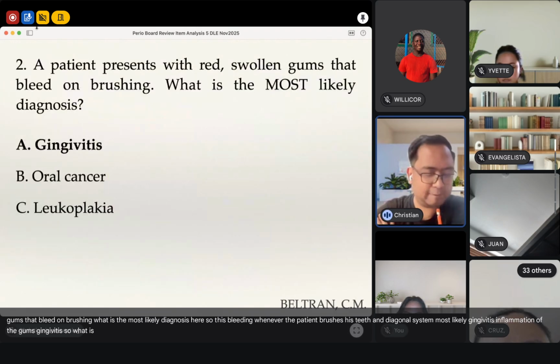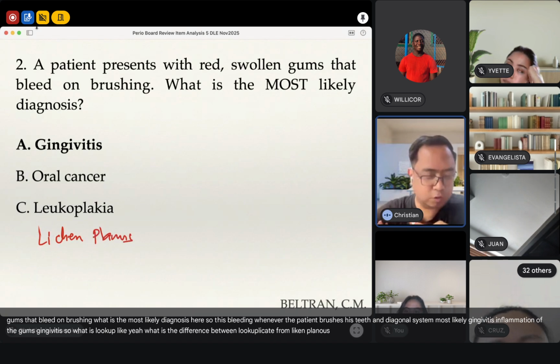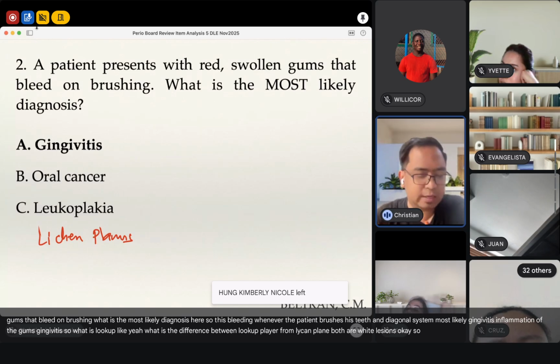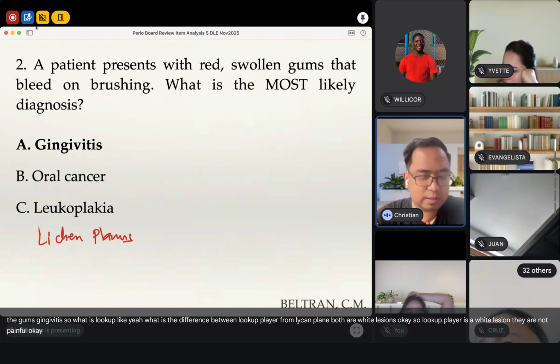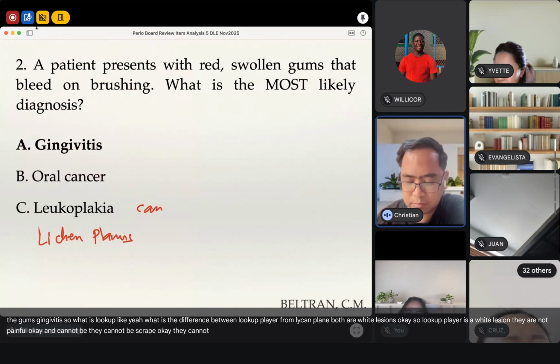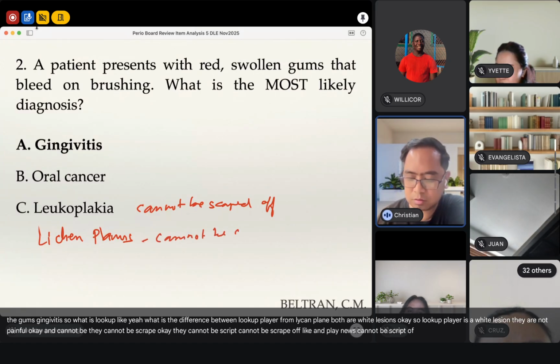What is the difference between leukoplakia and lichen planus? Both are white lesions. Leukoplakia is a white lesion that is not painful and cannot be scraped off. Lichen planus cannot be scraped off also.